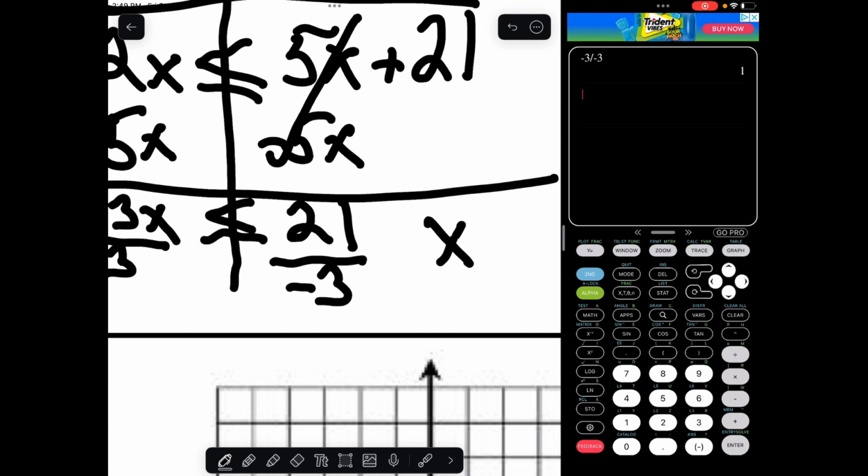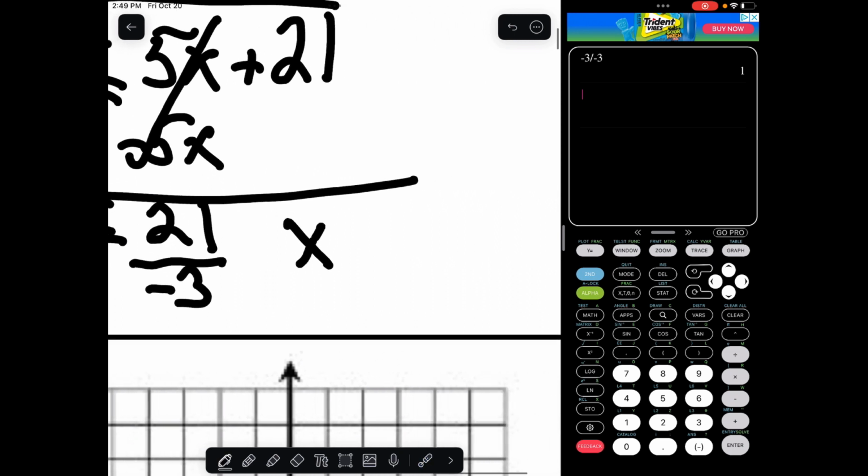Now when I divide by a negative, my inequality sign flips, points the other direction. Greater than or equal to 21 divided by negative 3 is negative 7.